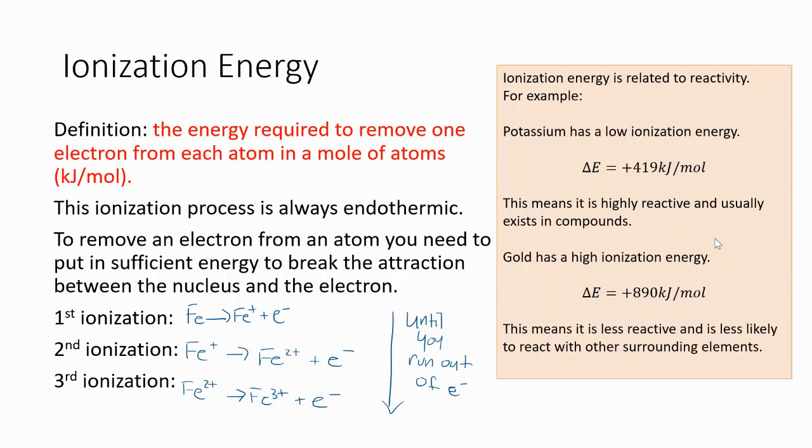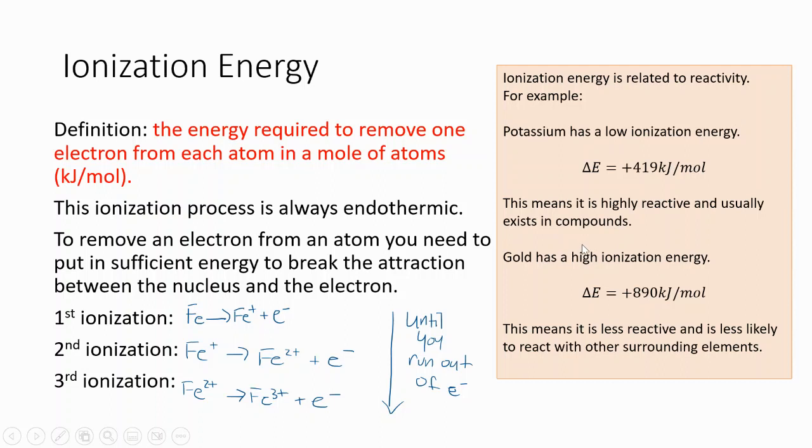Now, this property is really important because it is related to reactivity. For example, potassium has a low ionization energy of 419 kilojoules per mole. This means that it is highly reactive, and potassium usually is found in a compound. So basically, it doesn't require a lot of energy to remove an electron from a potassium atom.